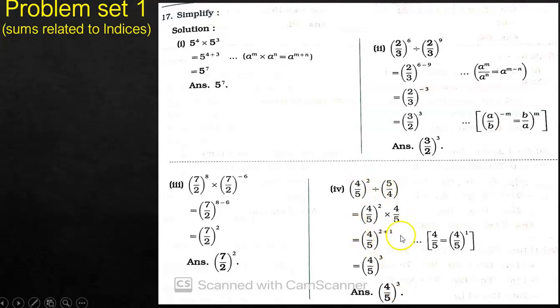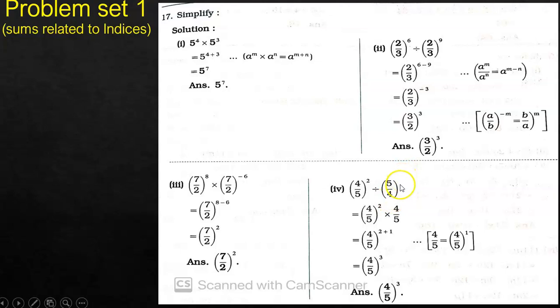I will repeat this question once more. 4 upon 5 raised to 2 divided by 5 upon 4. If you see, the base is not the same. So the first thing we need to do is make the base the same. I'm going to keep this as it is, and over here I will interchange. When I interchange, I get 4 upon 5 raised to minus 1.